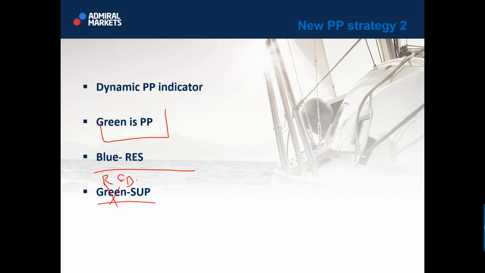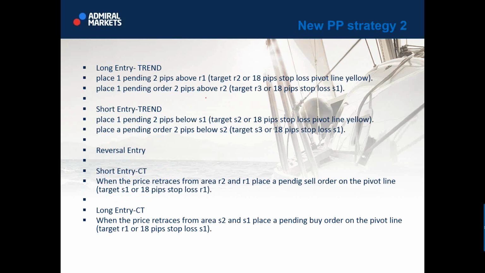Red is support, blue is resistance, green is pivot point. Usually how it goes long entry. This is now what you can snapshot, and we will cover this. But snapshot the screen, guys, because we will cover this here.